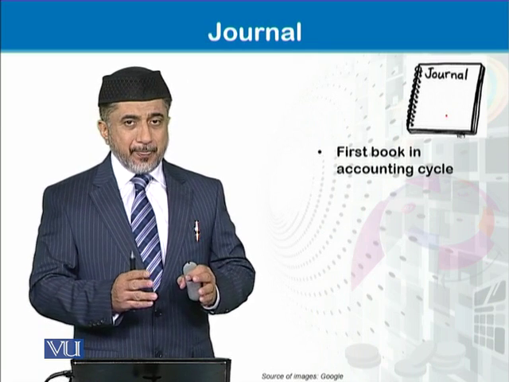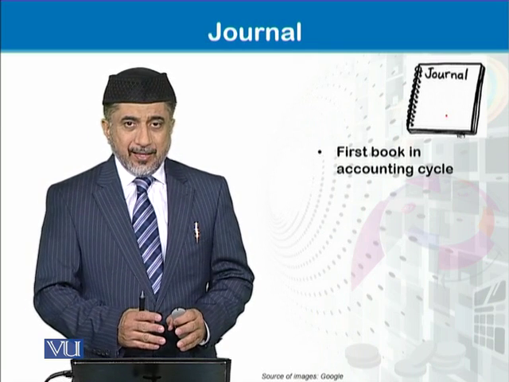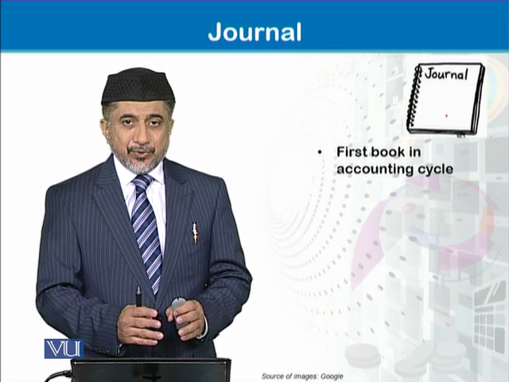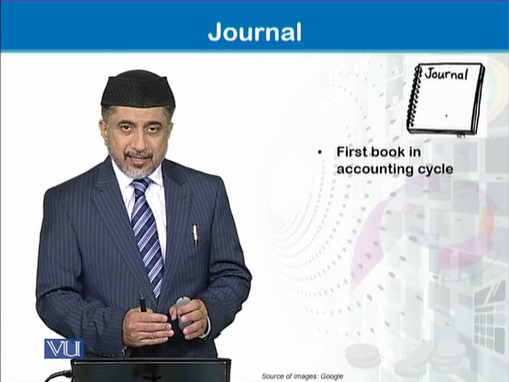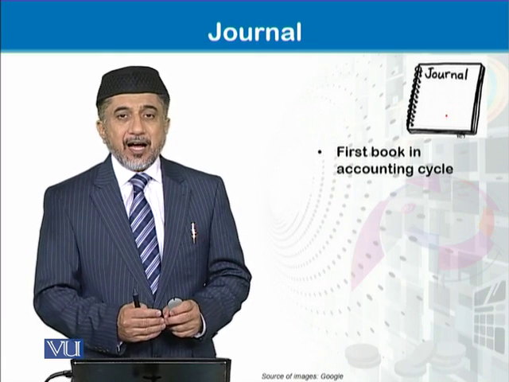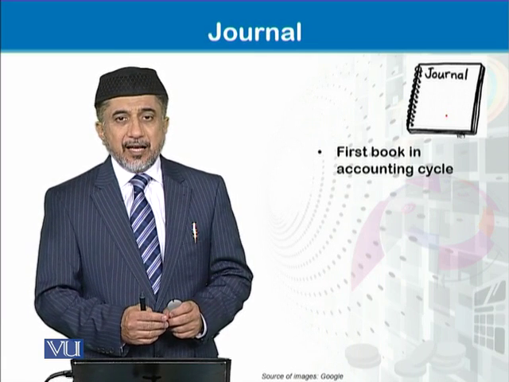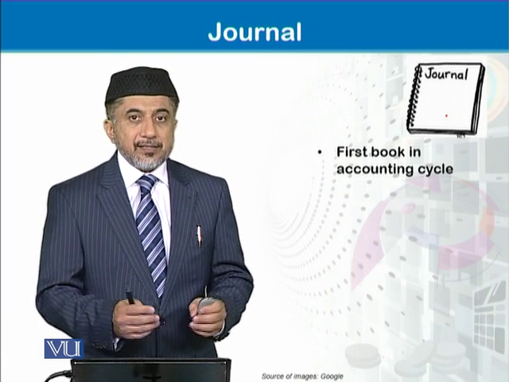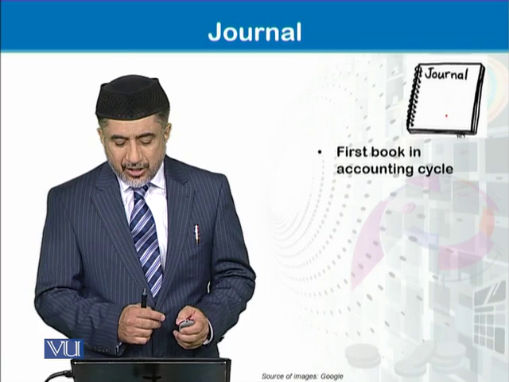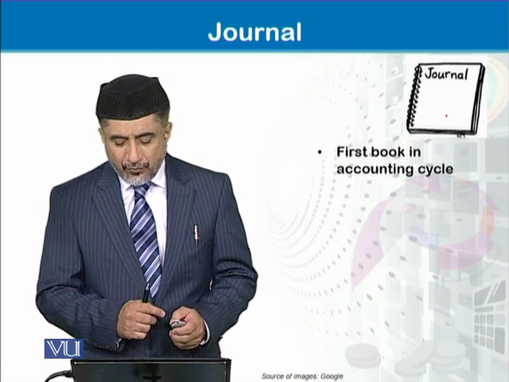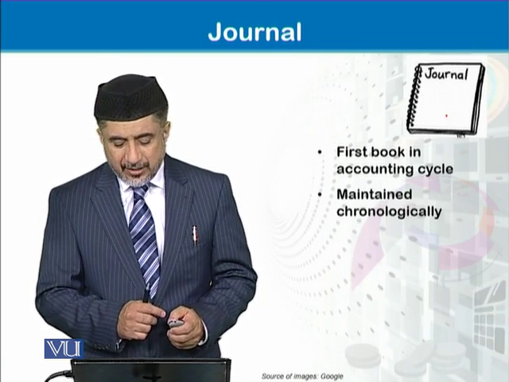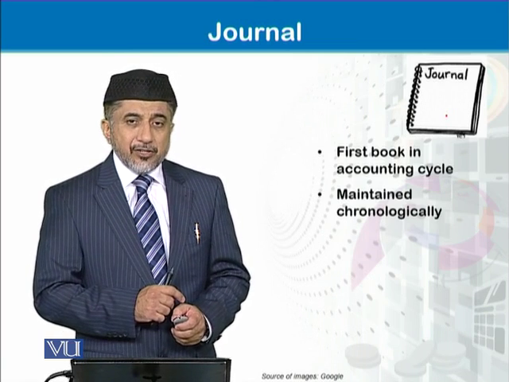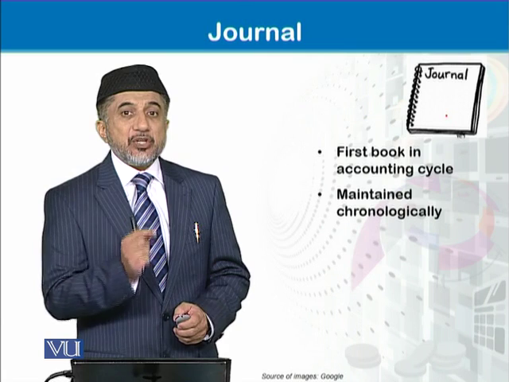In fact, we are assuming that the transactions that we are looking into at the beginning stage are not complex and do not belong to a big organization. So, journal is the first book of account in the accounting cycle, which is maintained chronologically. Chronologically means in date sequence.